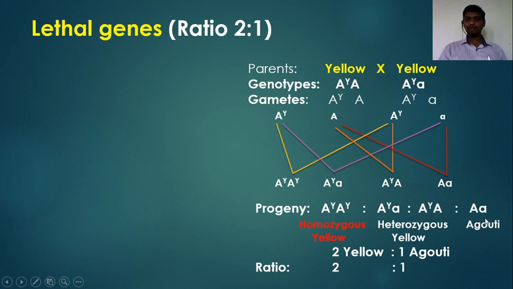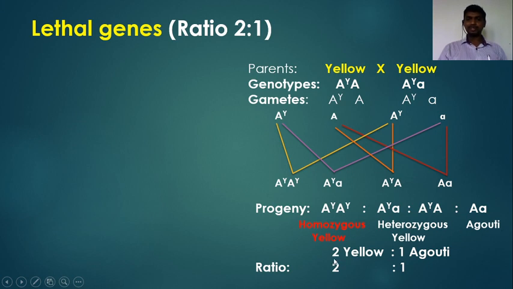So four types of progeny have been formed, but because of the homozygous condition, the death of the homozygous yellow individual has occurred in the uterus. During the embryonic stages, the death of the homozygous individual has occurred because of this lethal gene. Only these three individuals are able to survive.